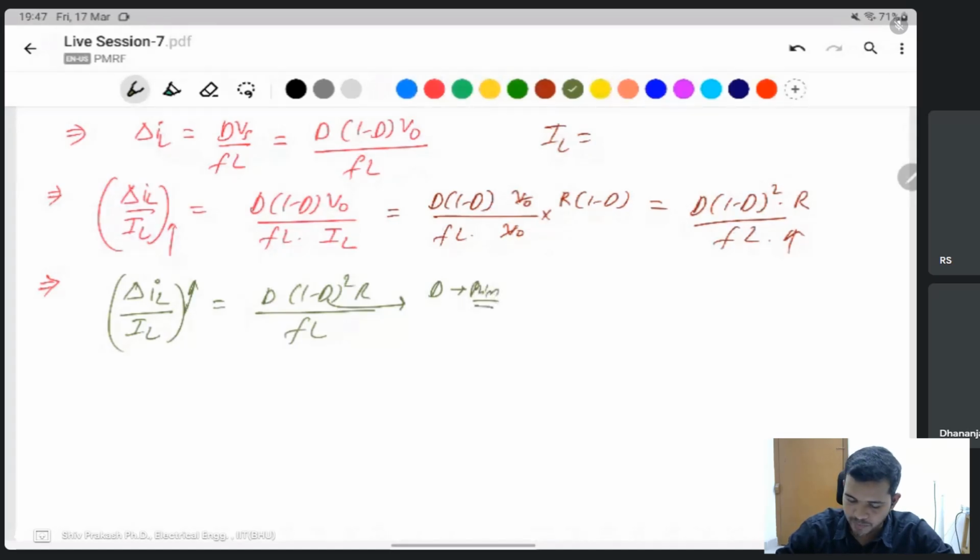and when the ratio is minimum, that time delta IL is the maximum, and this maximum is 10% of IL. Written as D, then find the D minimum. Minimum means, when expressed as V output is Vs by 1 minus d, find the value of d here.